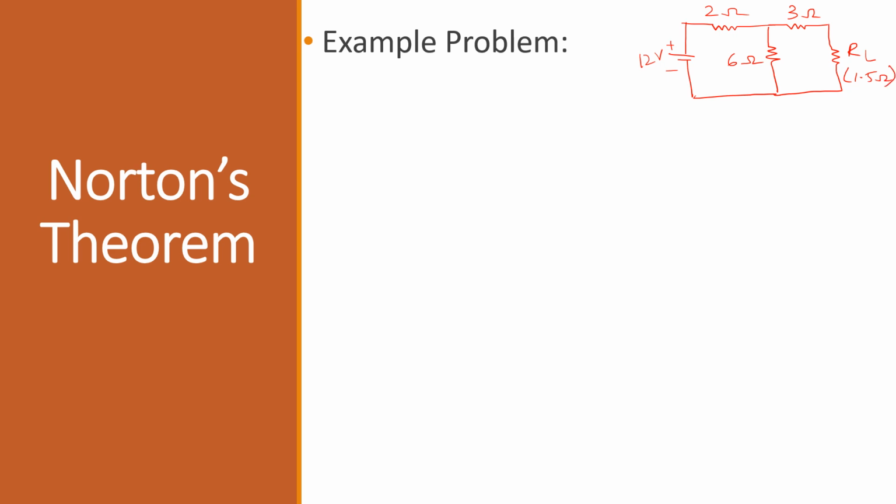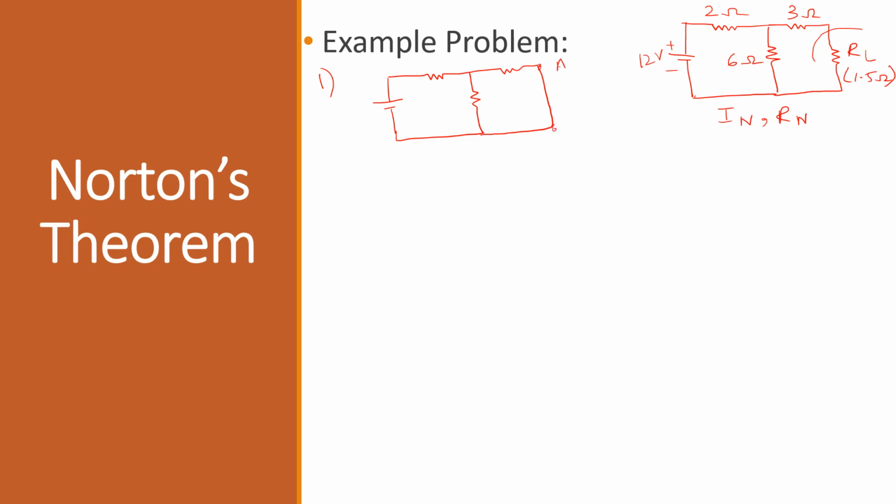Now if you want to calculate IN, which is Norton current, and RN, which is Norton resistance, you have to follow some steps. In first step, you will short this load resistor. So this circuit will look something like this. As you can see, you have shorted this load resistor.